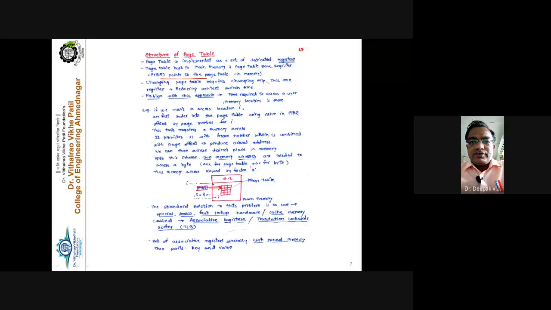The values required by the processor are kept there. So when a reference is encountered, the value is searched inside the translation look aside buffer.